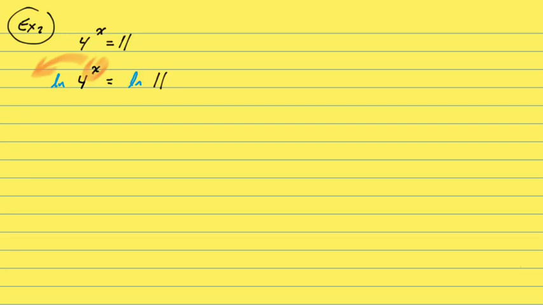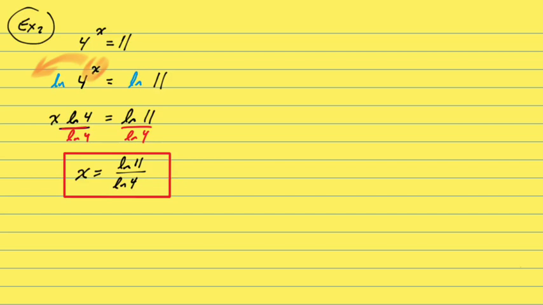That's one of those 3 properties. So that gives me x times the natural log of 4 equals the natural log of 11. The opposite of multiplying by natural log of 4 would be to divide by natural log of 4. So I'm going to do what I do to one side, I have to do to both sides of the equation. So you get natural log of 11 divided by the natural log of 4.